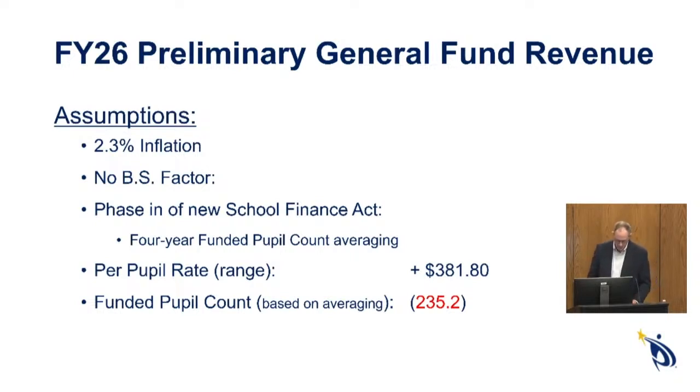Now, I talked a little bit about Ascent, and it's important to note that change, we think, is going to impact both sides of our revenue and expenditures by about $700,000. Fewer Ascent revenues coming in because of a lower per pupil Ascent rate, but conversely, we'll have fewer Ascent expenditures going out. So that has impacted that change in the per pupil rate compared to what you saw a couple weeks ago.